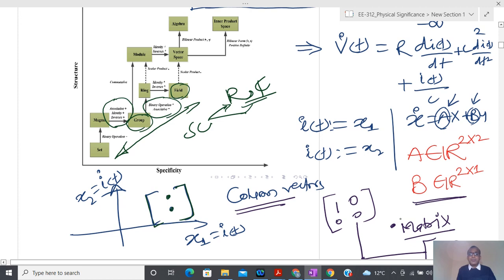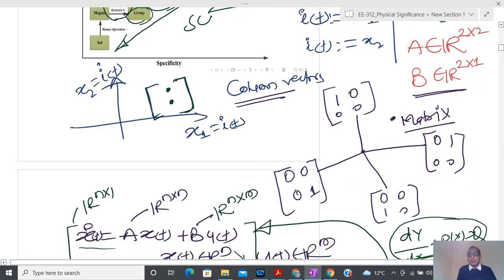In that space I am going to define two operations. One operation is called scalar multiplication and another is called vector addition. Vector multiplication we are avoiding, and I will tell you why, by taking one counter example, why people are avoiding that.